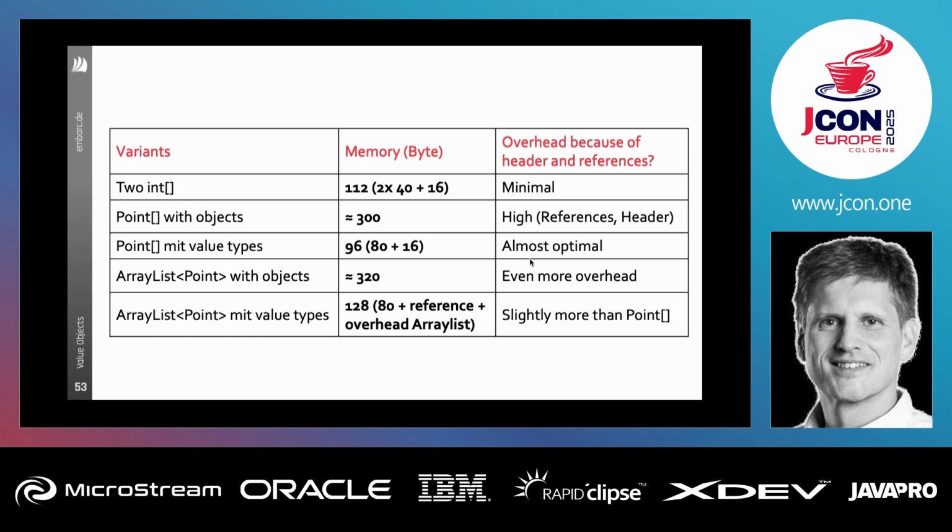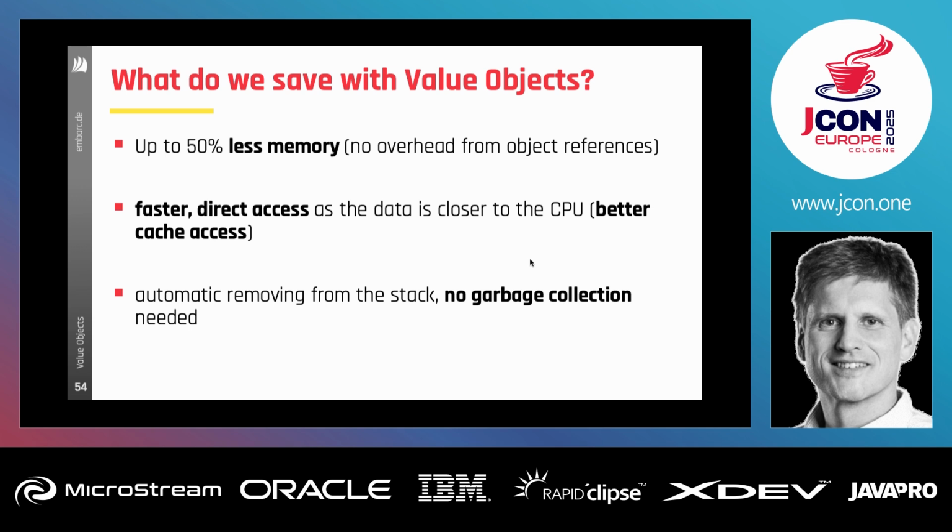Then we have an array list of Point objects, which is a bit more overhead, because the array list needs some more memory. And then we have another one, an array list of Point values, which is also slightly more than the Point array, but quite efficient. It's only 128 bytes.